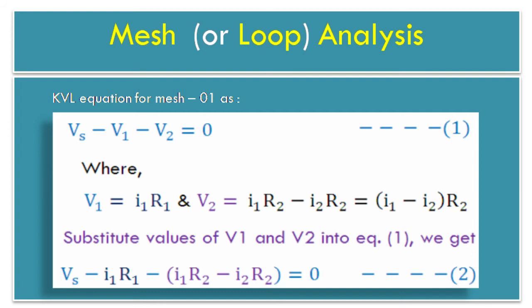Now substitute values of V1 and V2 into equation 1 as Vs minus I1 into R1 minus I1 into R2 plus I2 into R2 is equal to 0, as shown in equation 2.